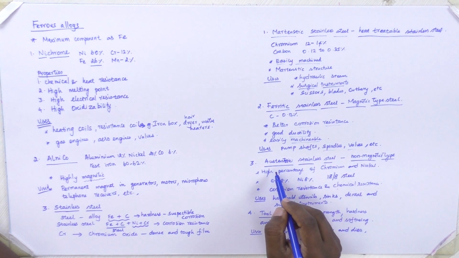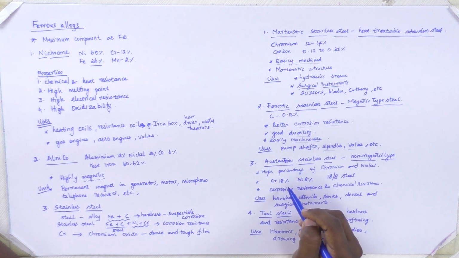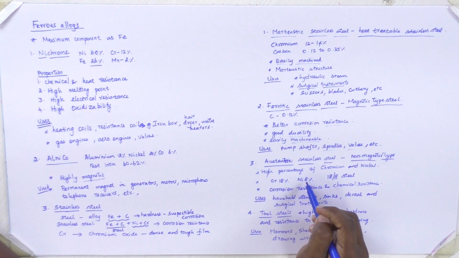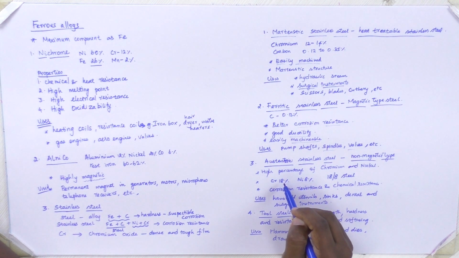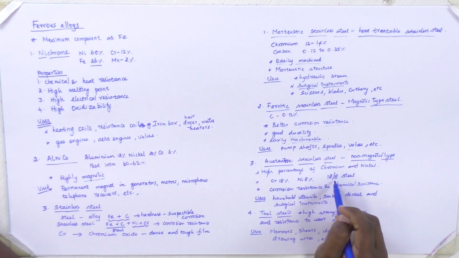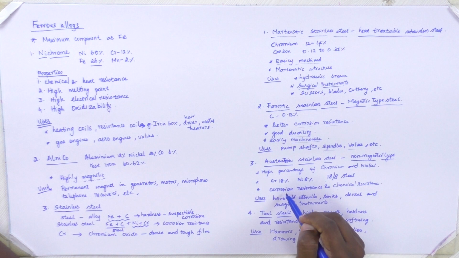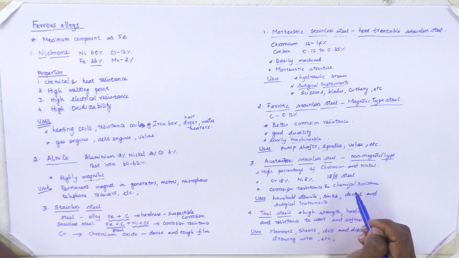The third type is austenitic stainless steel, which has a high percentage of chromium and nickel, to an extent of 18% chromium and 8% of nickel. So this is otherwise called 18 by 8 steel. It has a very good corrosion resistance and chemical resistance.